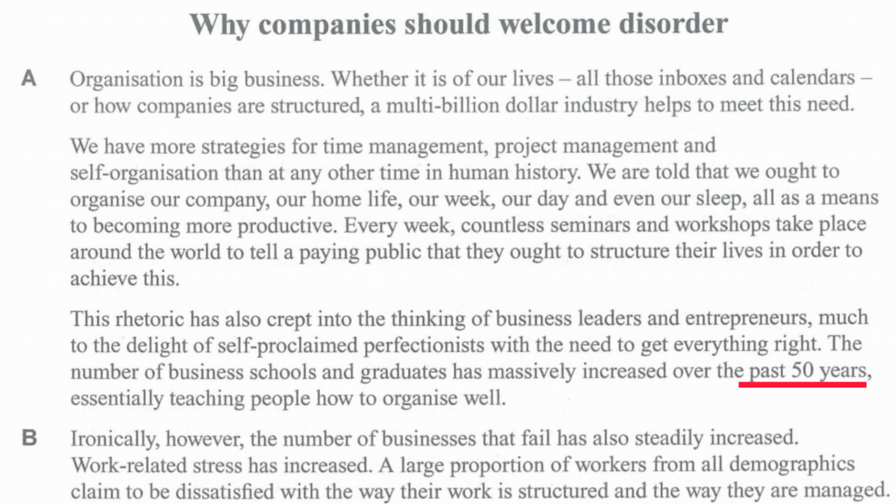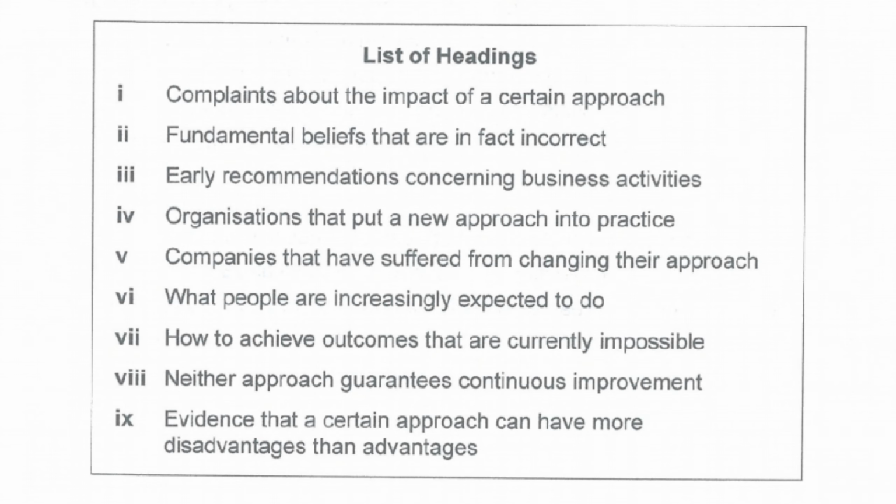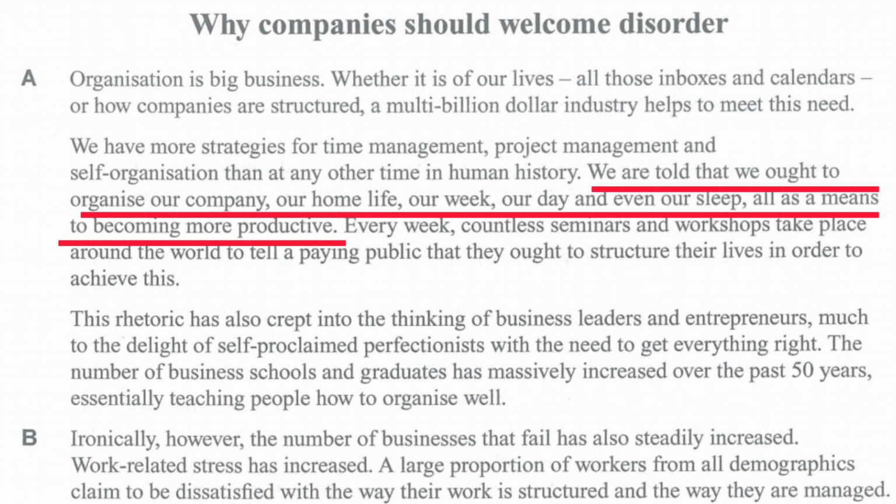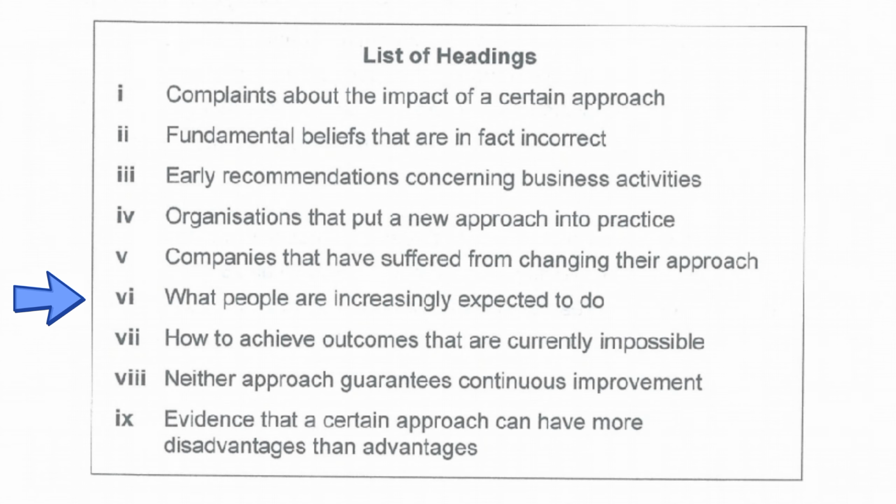And it's about the number of business schools having increased. It's not about any recommendation. Early recommendation isn't mentioned. Not the 19th century, 20th century, nothing. But if you look at 6, people are expected to do, this is mentioned, we are taught that we ought to do this, that in order to be more productive. So number 6 is a more suitable option. And the answer is number 6.